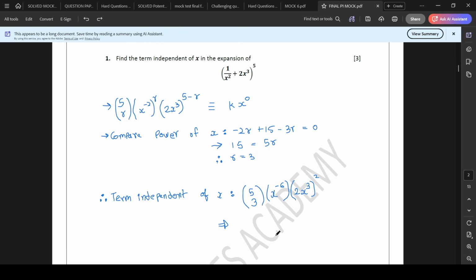So if I just take out my calculator and try to solve what is 4 into 5C3, you won't be able to see the calculator. You can do it along with me. 2 squared is 4. 4 is multiplied with 5C3. And the value that comes out from my calculator is 40. So I know that the term that is independent of x is going to be 40. So this becomes the answer to your first question.